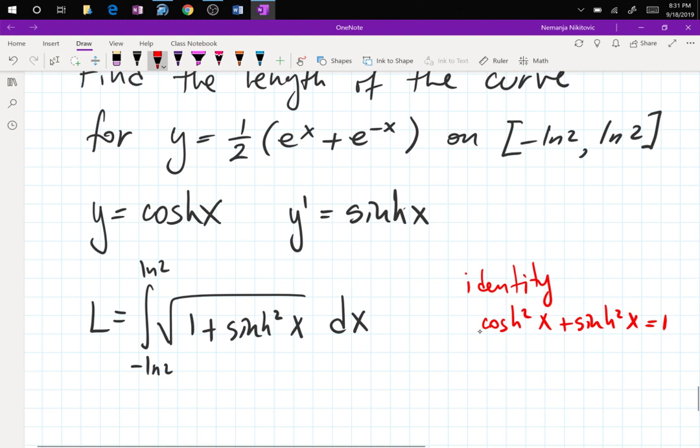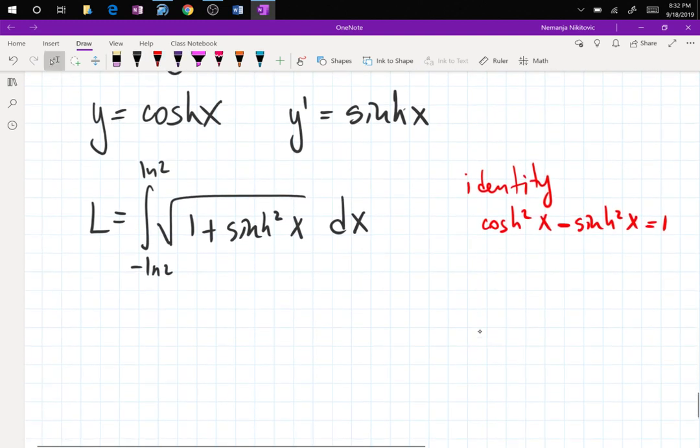No, that's a lie. It's a minus. Sorry. It's a minus on the formula. So, what do we know from there now? When you move sine to this side, cosine hyperbolic squared x is 1 plus sine hyperbolic squared x.